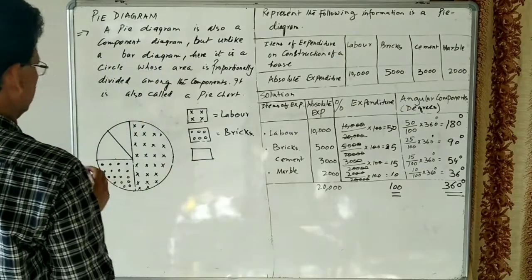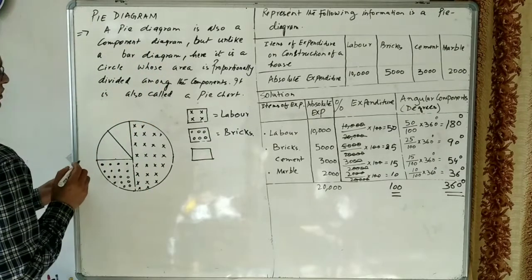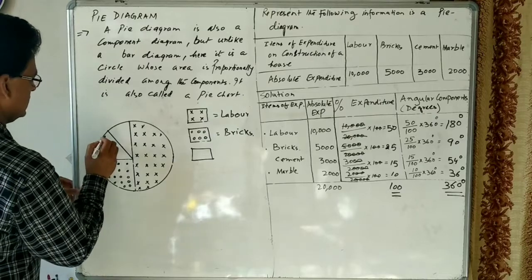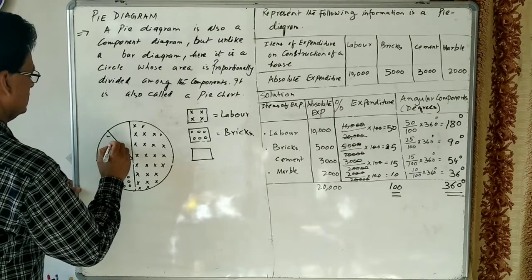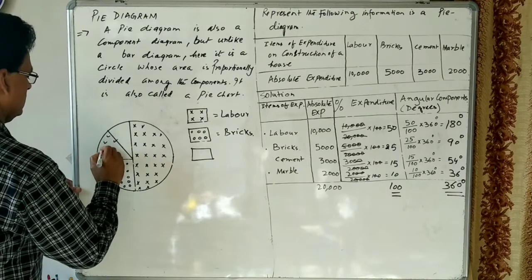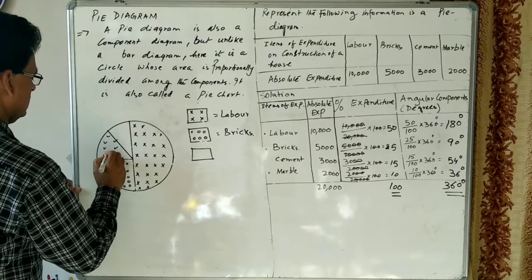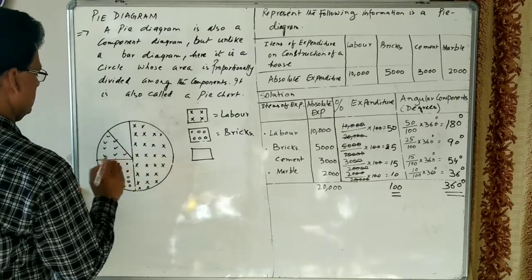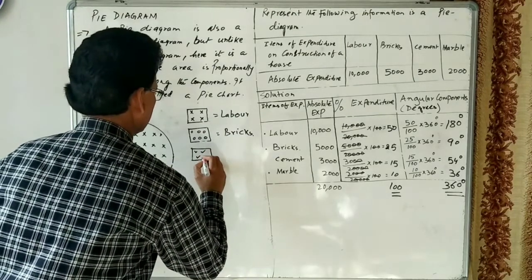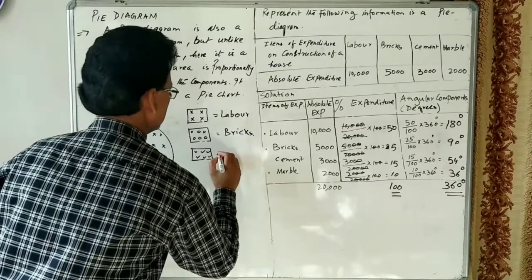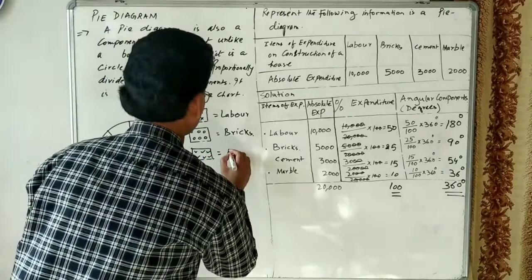So we can give one color also. Let us take one color like this. There is no hard and fast rule, and this is cement.